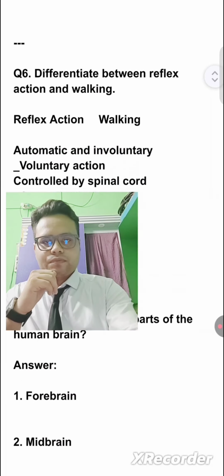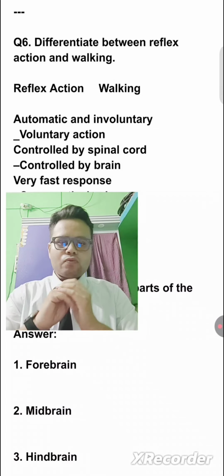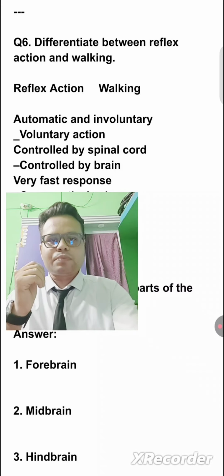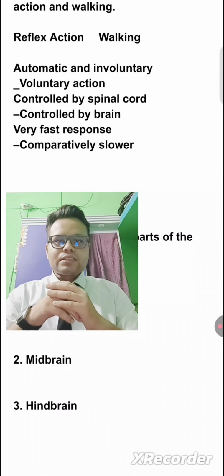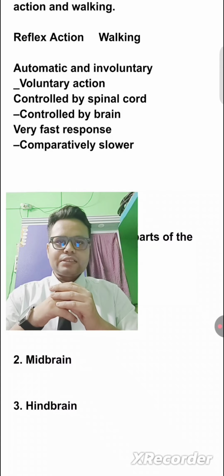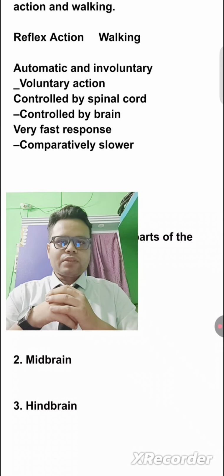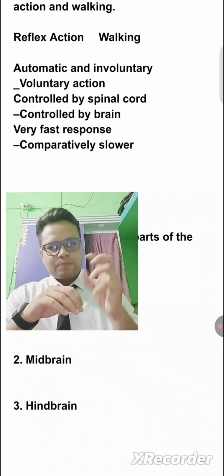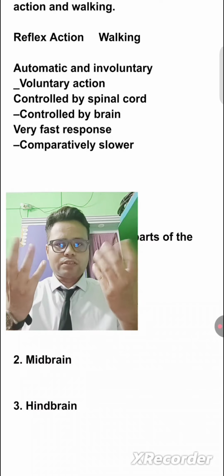After that, differentiate between reflex action and walking. What is the difference between reflex action and walking? That is a very simple one, class. Reflex action is automatic and involuntary, and walking is a voluntary action, because if you give control you can walk, or you can choose not to walk.